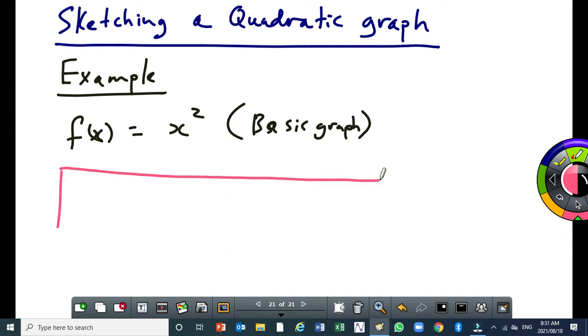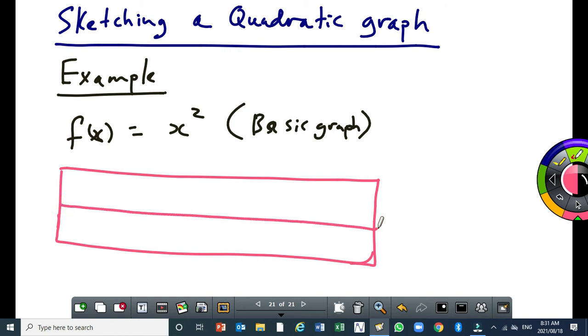So I'm going to have my table. Remember, f of x is y. Okay? At this stage, I don't expect anyone to get surprised seeing me writing f of x there, and there is no y, and then you ask, where is y? F of x is equivalent to y. So I'm going to sketch from -3 to 3.